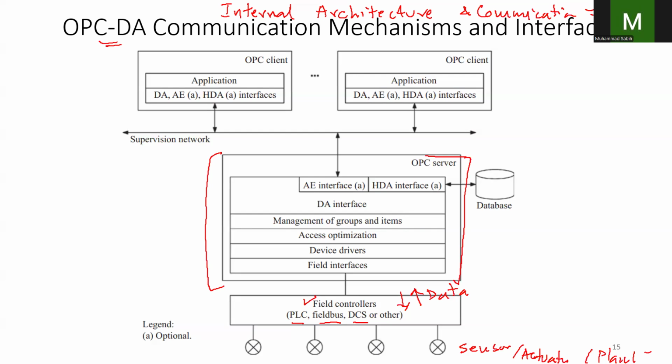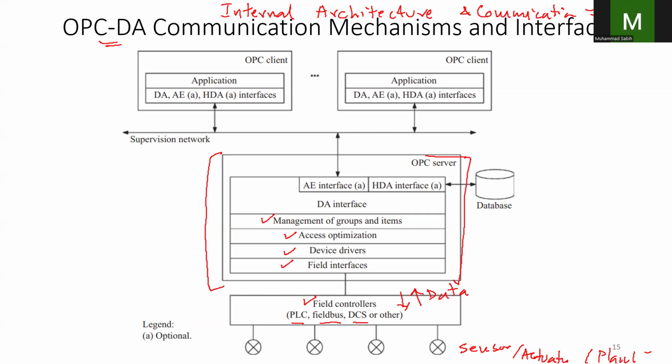It interfaces with the field devices using dedicated drivers, performs access optimization, and manages the groups and items. It has the field interfaces, the device drivers, the access optimization, and the management of groups and items, and these are the data points exposed to the client.